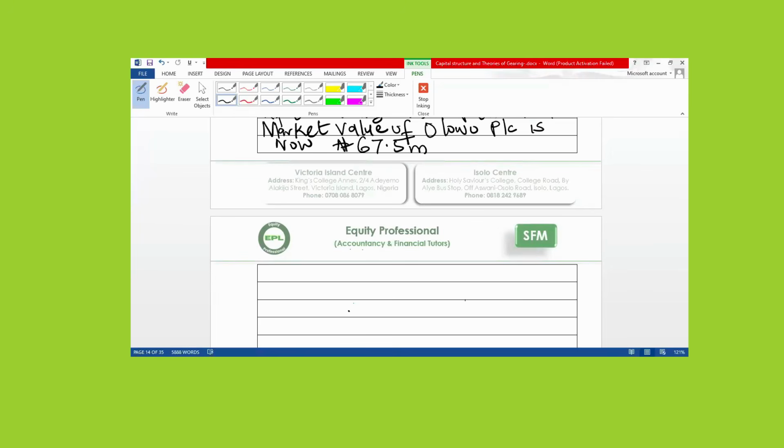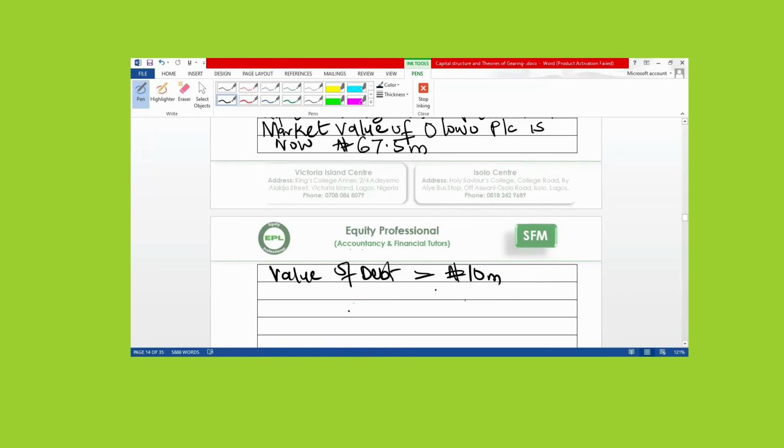It contains equity and debt. We are told that the value of debt is 10 million out of 67.5 million.